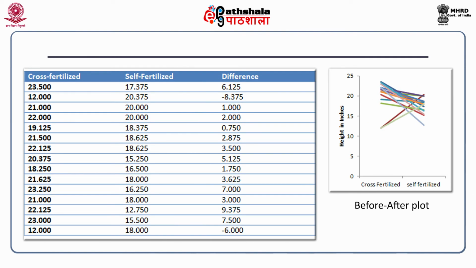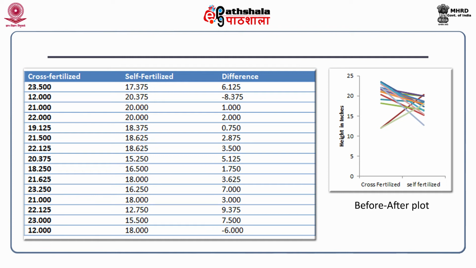As you can see in this table, for each of these paired cross-fertilized and self-fertilized values, the difference is given in the third column. So this entire table can be summarized in an excellent way by a before-after plot. You can see that most of the values are reducing in the self-fertilized compared with the cross-fertilized, except two values which actually increase from the cross-fertilized to the self-fertilized.